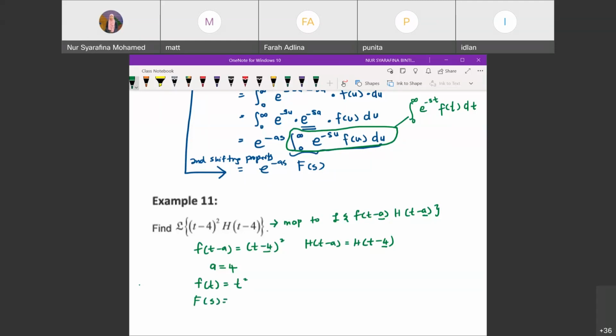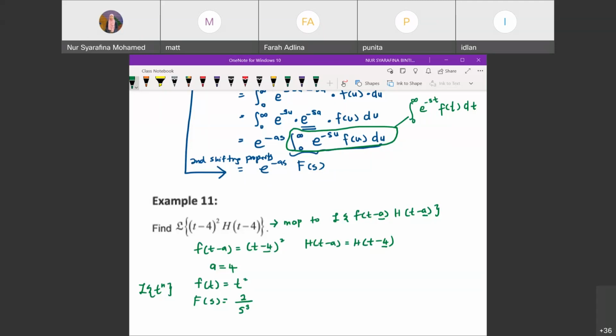From the table, how do you transform t to the power of n? Now we have n equals 2. Look at the table of transformation. Okay, so 2 factorial over s cubed. So 2 factorial is 2, over s cubed.